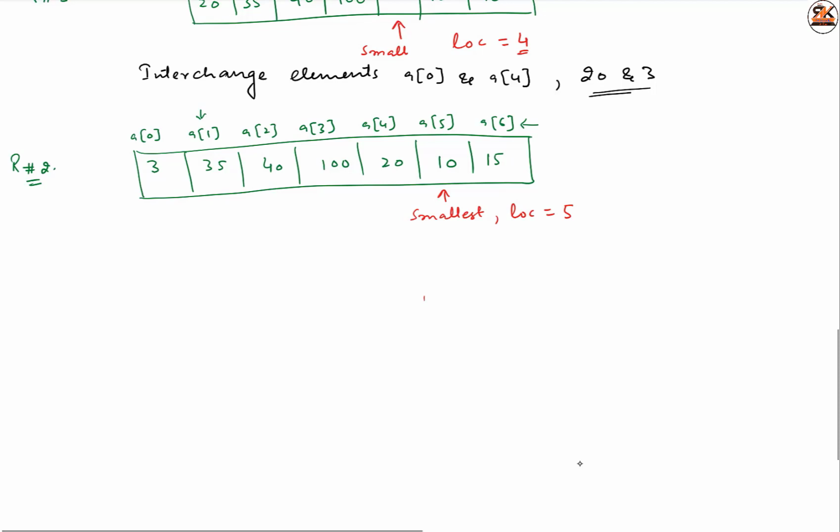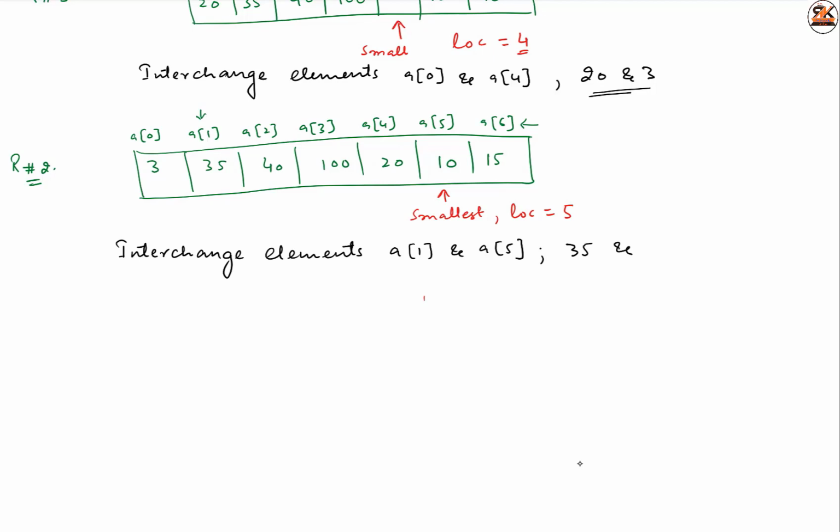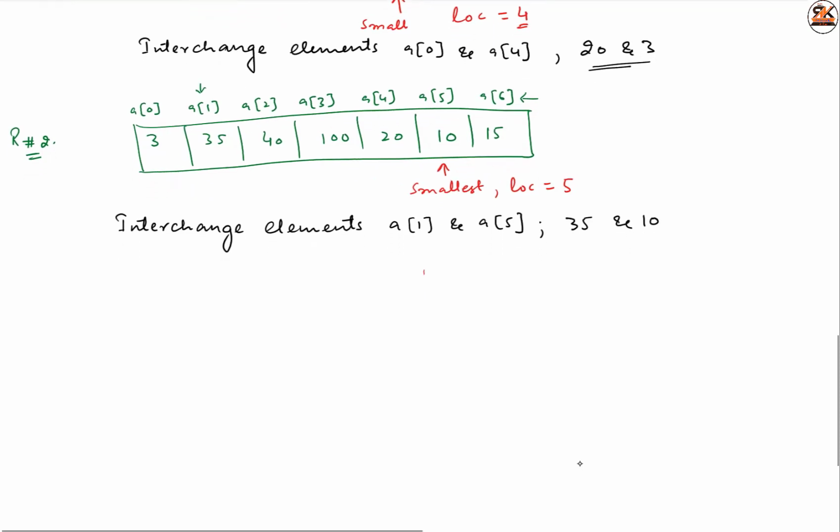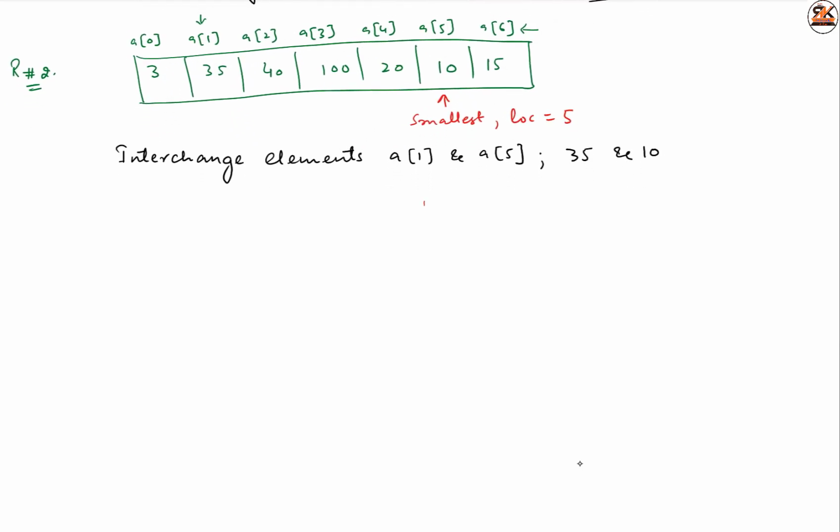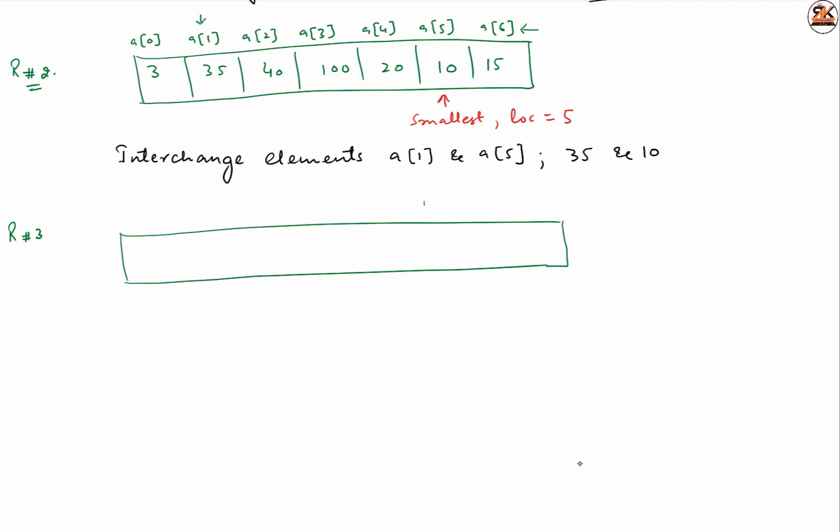So what we have to do in round 2 is interchange elements a1 and a5, that is we have to interchange 35 and 10, and after interchanging we will get a new list that I will show in round 3. So after interchanging, the new list will be like this.